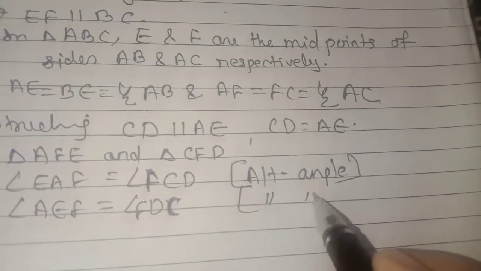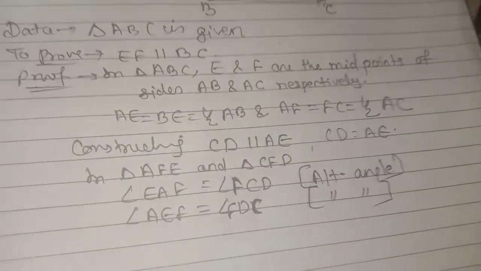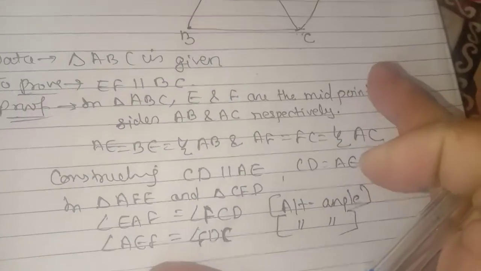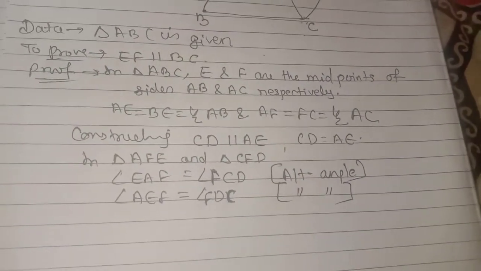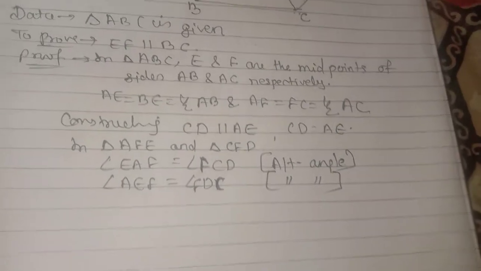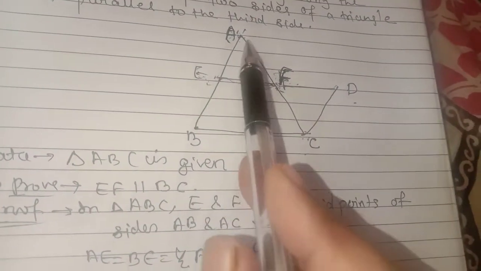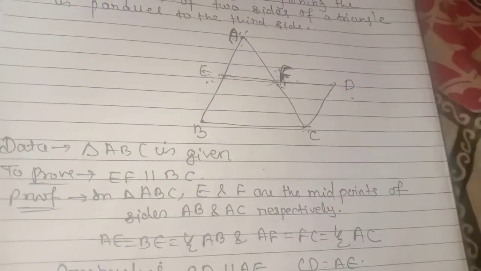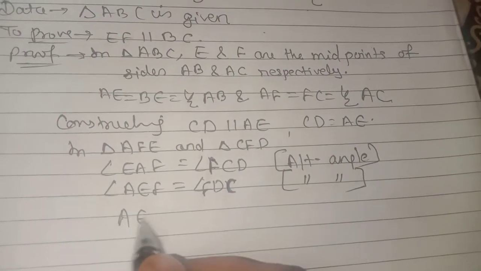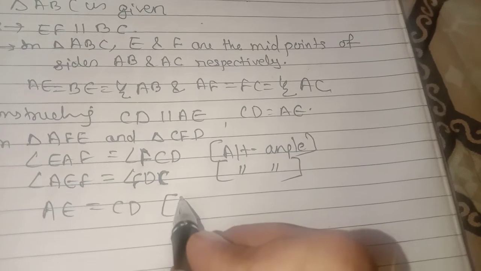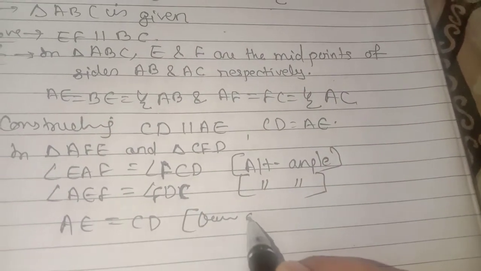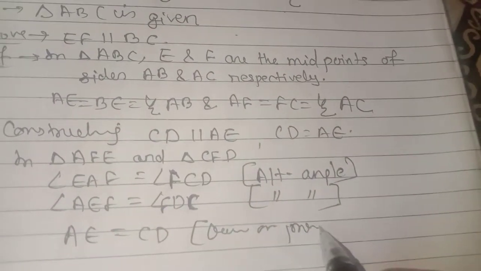The same reason, alternate angle. Dear students, the proof is not given properly in your textbook, so please follow it and maintain it, because it is an important theorem. The next is AE is equal to CD. It is given AE equal to CD, or you can write here proved above.